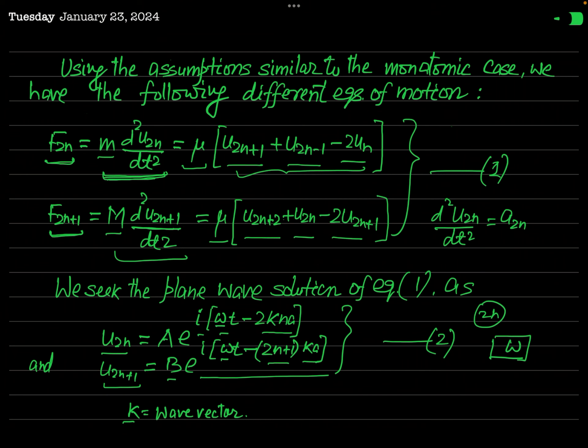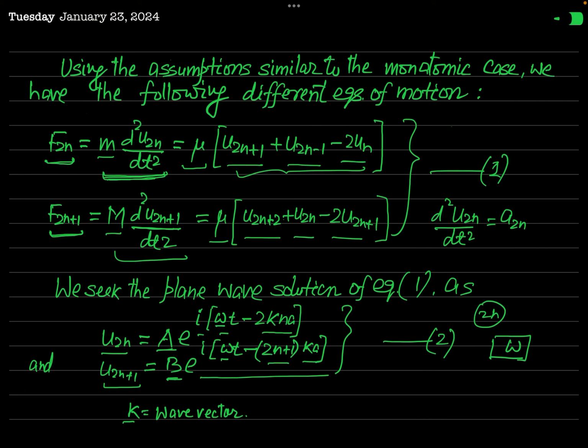But you should also note that the amplitudes of vibration of the even numbered atom, that is 2n, and the odd numbered atom, that is 2n plus 1, have not been taken the same, but are taken as A and B, and A and B are different. Why do we consider the amplitude different?